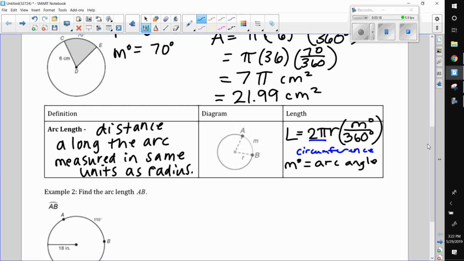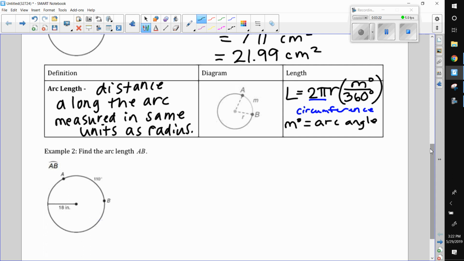So if I want to find the arc length here of AB, now this looks a little funny. It should kind of look like a sector still, so I can draw in these radii. I'll call this circle C, so I'll have AC and CB here as my radii.